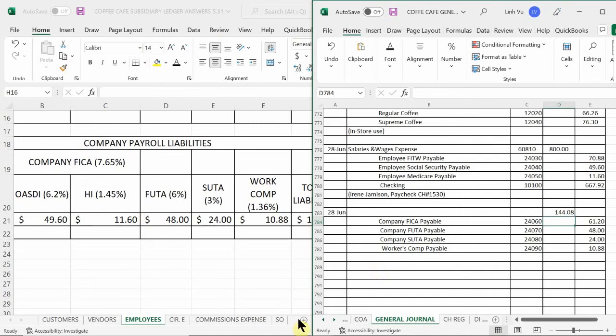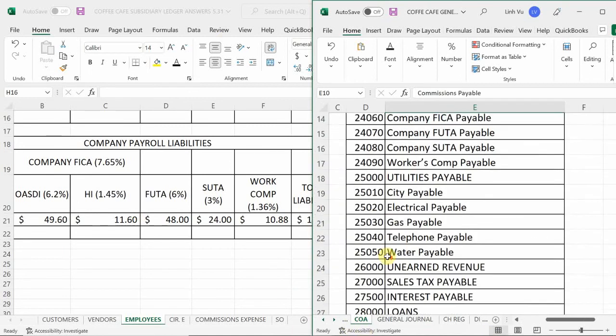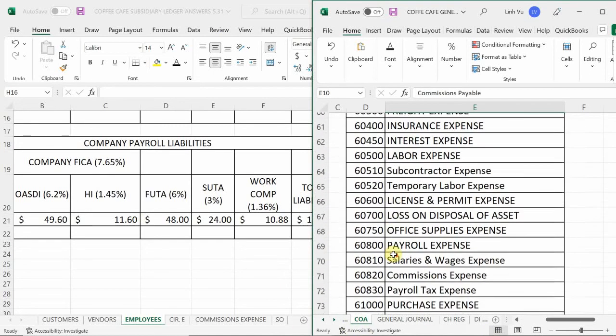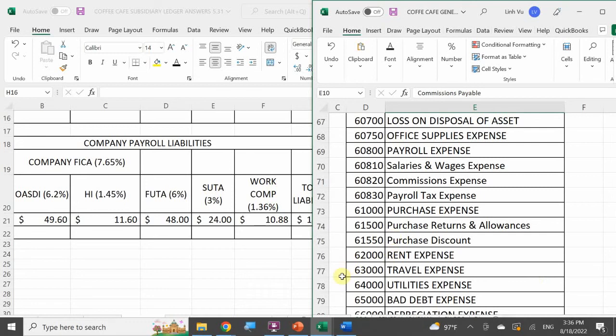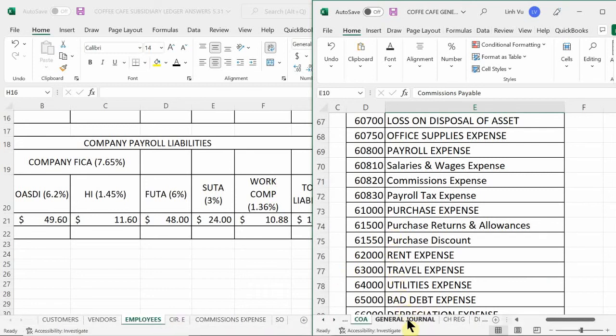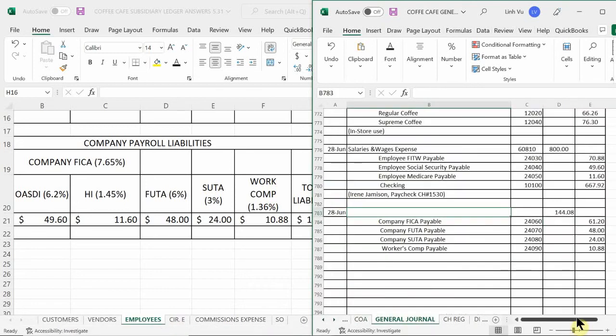Payroll tax expense. Yes, in this case, taking a look at my chart of accounts here, under payroll, we got payroll tax expense. So 6830 is exactly what we're gonna do. Payroll tax expense. Okay, 6830.